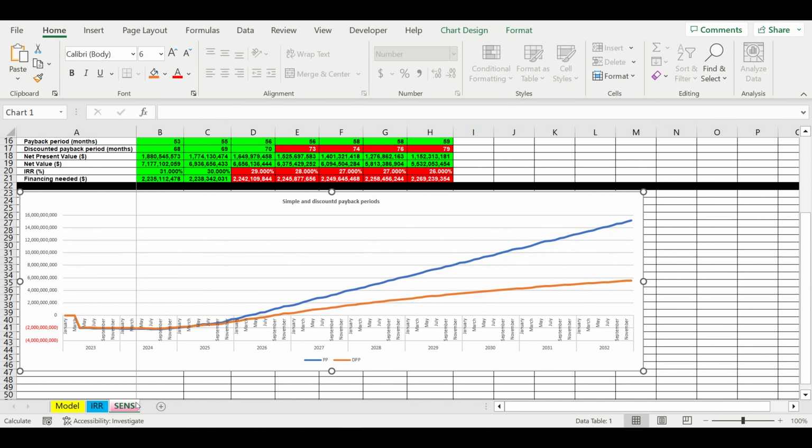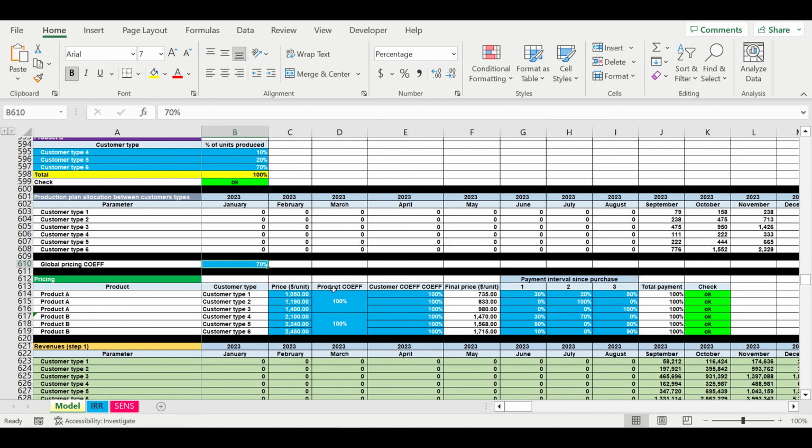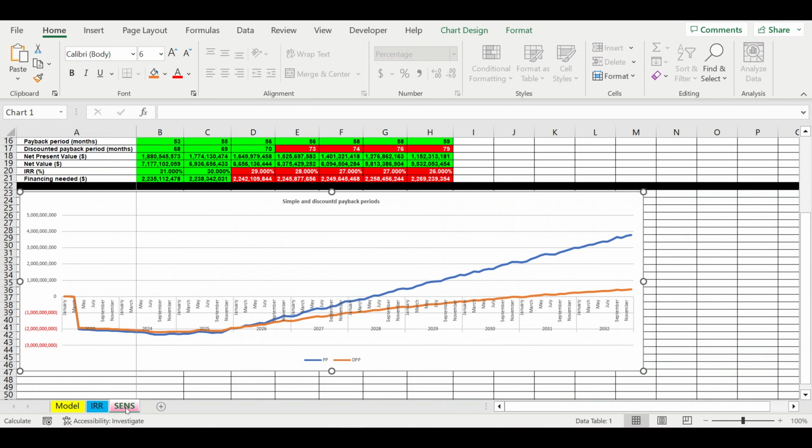Or for example, what will happen if we take 50% of prices for product A and 70% of prices for product B, and then we can go back and see what the financial efficiency will be, what the simple discounted payback period will be.